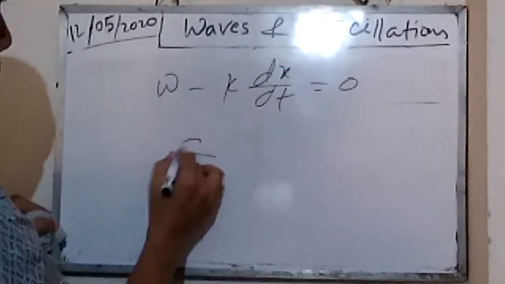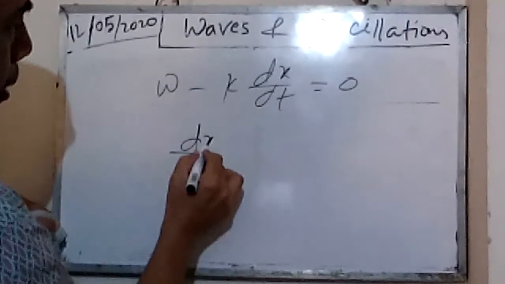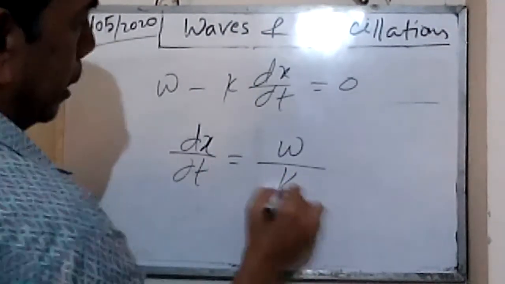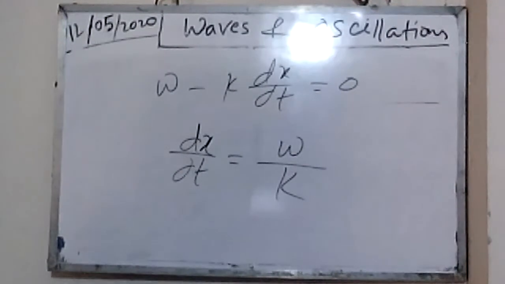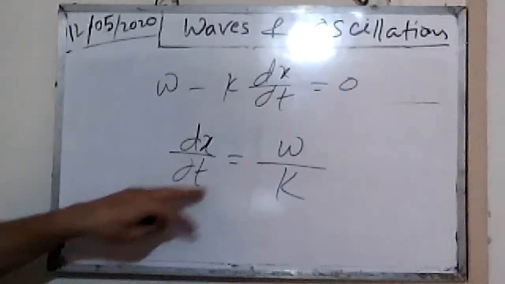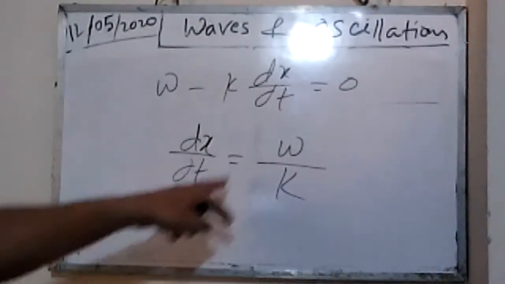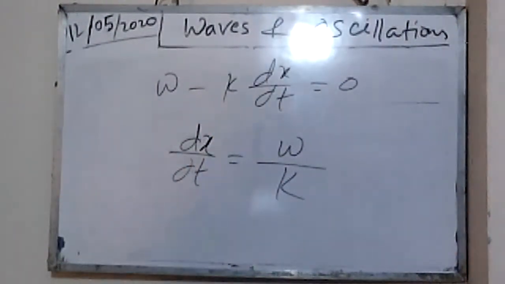Then dx by dt equals omega by k. This dx by dt is the phase velocity.